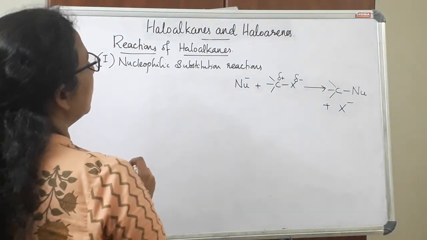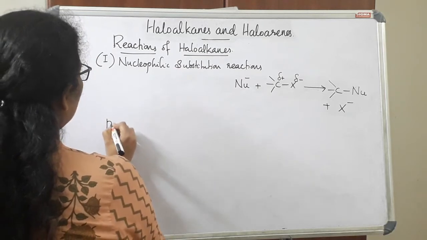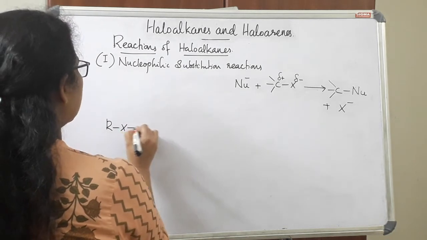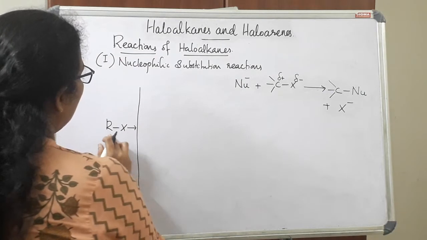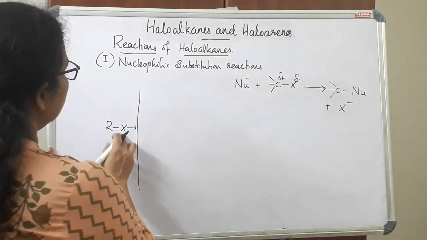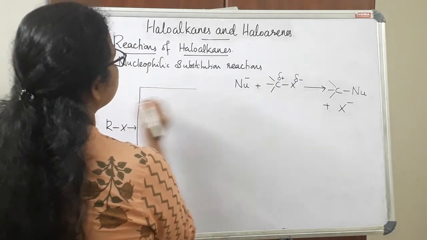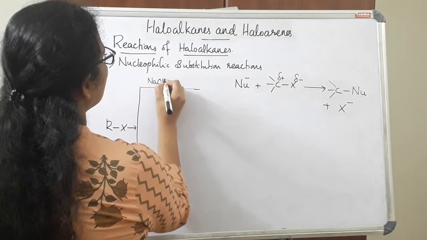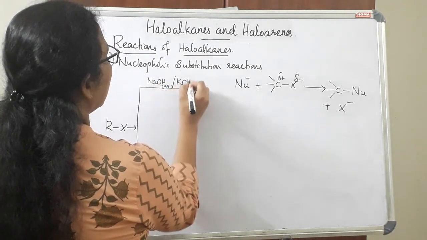Now let us write the common nucleophilic substitution reactions of alkyl halides. We can write all the reactions at a stretch. RX, that is the general representation of alkyl halides. This will react with the reagent NaOH aqueous or KOH aqueous.